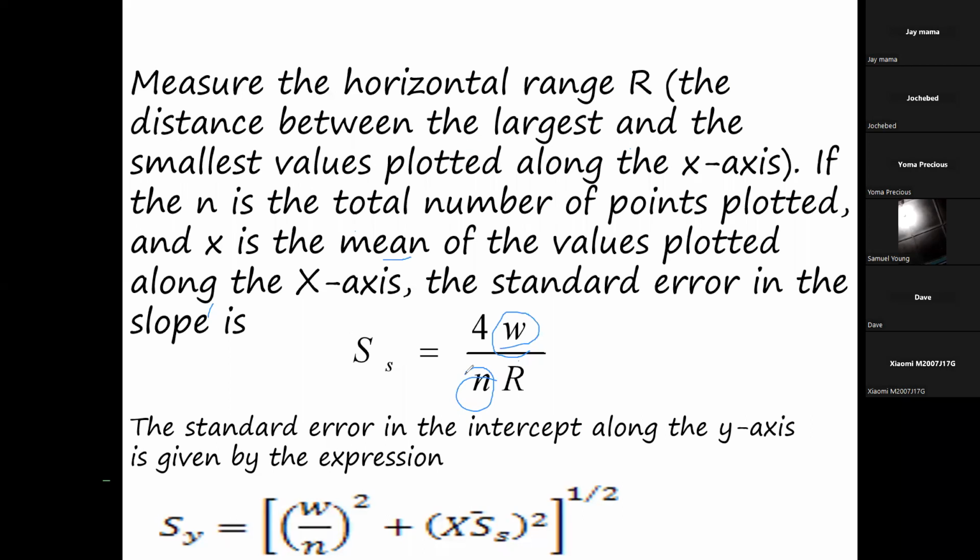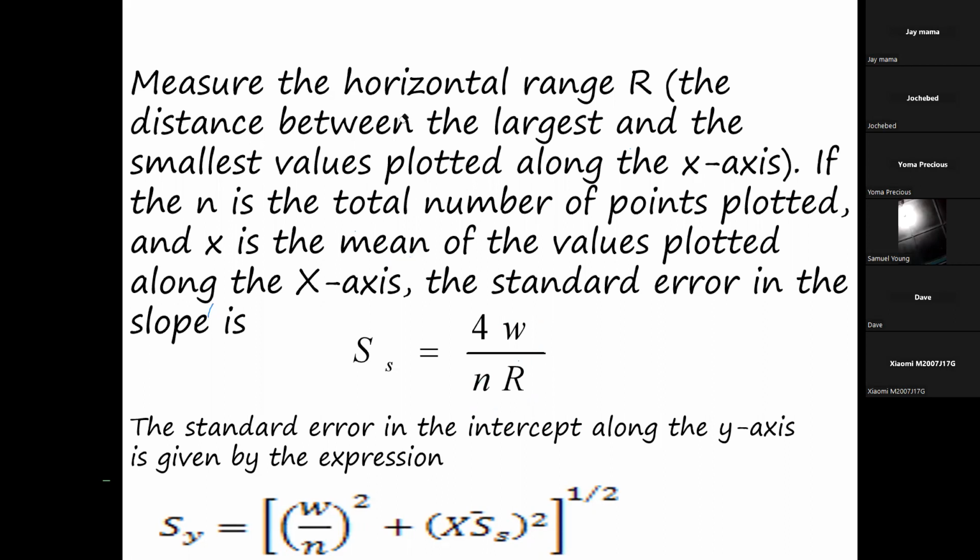So if you plot 6 points, if you plot 8 points, that will be your N. While your R is simply the range on your X axis. Our range is simply the difference between the highest value and the lowest value on the X axis. Is it clear?